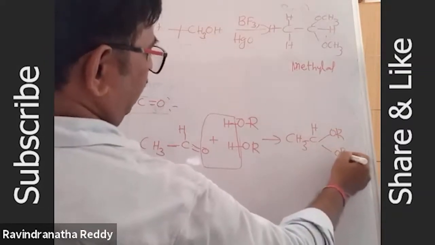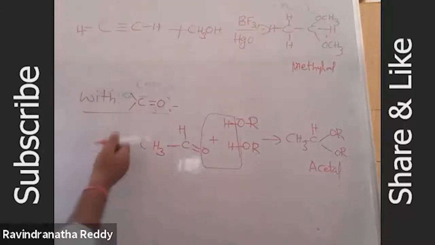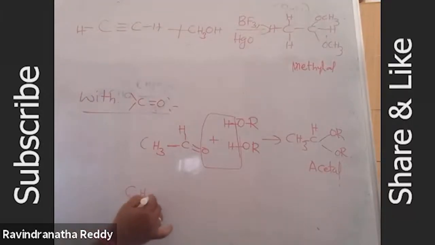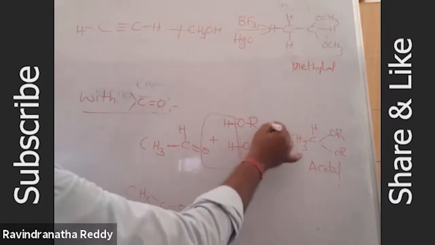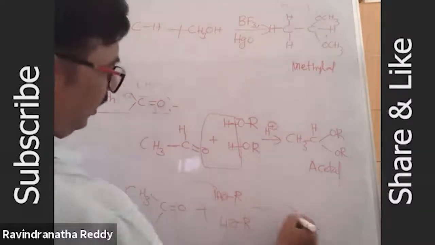This is called acetal. Similarly with ketone, CH3COCH3 with 2 moles of alcohol, ROH. Acidic medium is required here. This is loss of water. So what are we getting here?